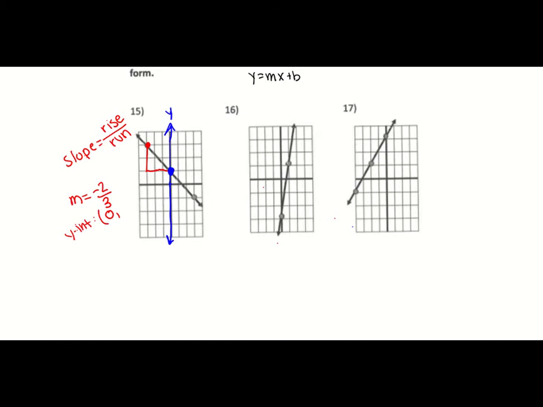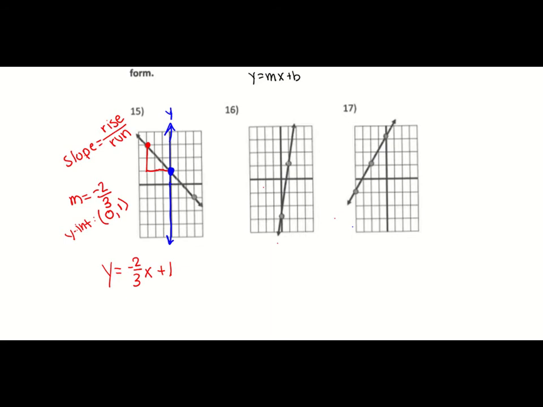So I get 0, comma 1 as my y-intercept. Now I have this information, I can plug it in. I know y equals mx plus b. My m is negative 2/3 x plus b, which is 1. And that's my answer for 15.